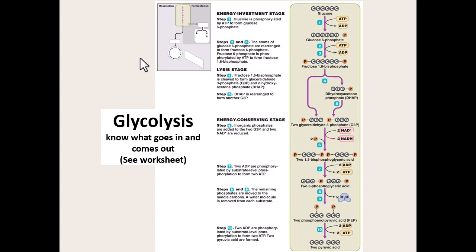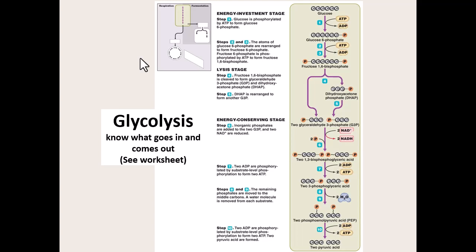Oh, we missed a couple things that also came out. What also comes out? Near the bottom. Many though, not just 2. We get 2 out here and we get another 2 out there. So in the next box, we already got what goes in, 1 glucose, 2 ATP.